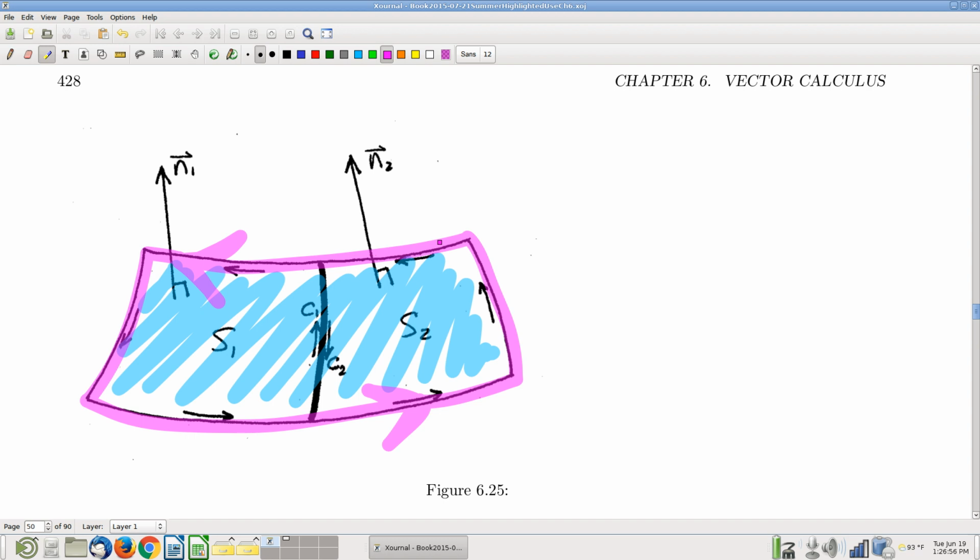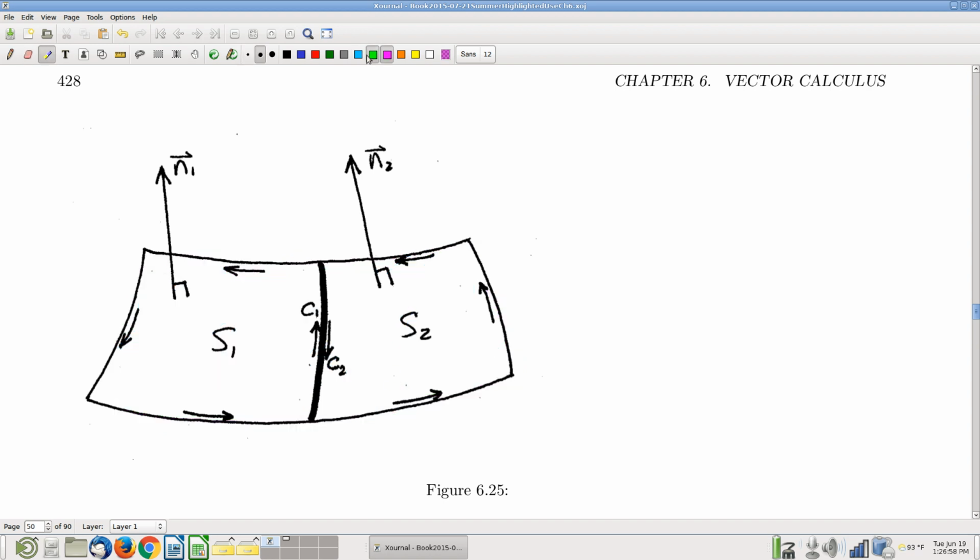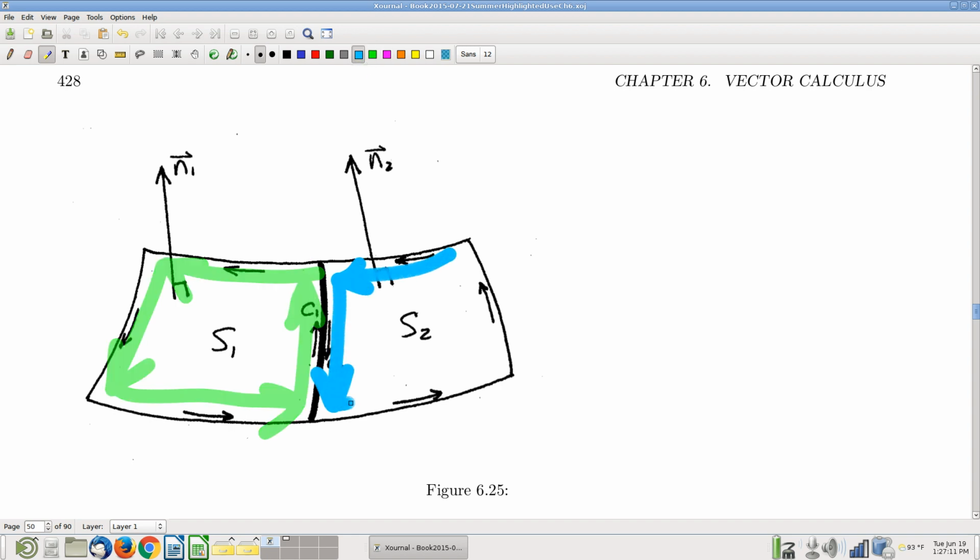So let me draw those pictures again. Is green plus blue equal to purple?